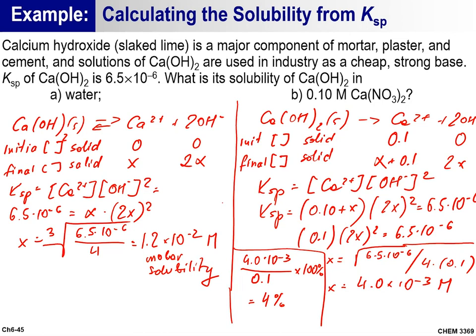Their accuracy is also in the range of 5%. So by using this approximation, we actually introduce another error which is comparable to the uncertainty in KSP. That would be one way of explaining this. Okay, so 4% is below 5%, so this approximation is justified.